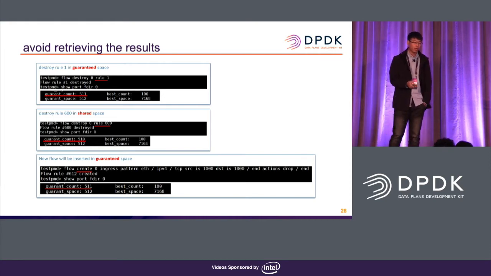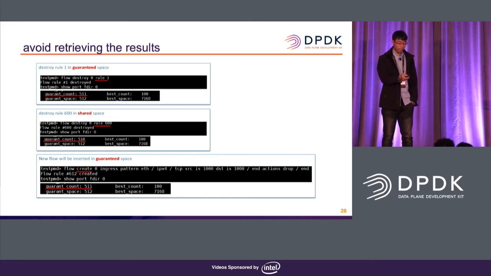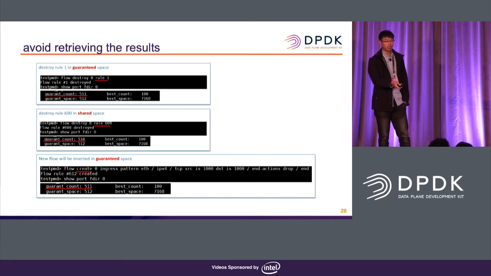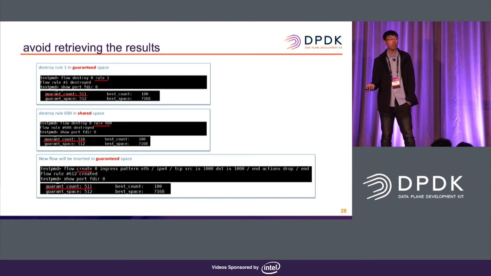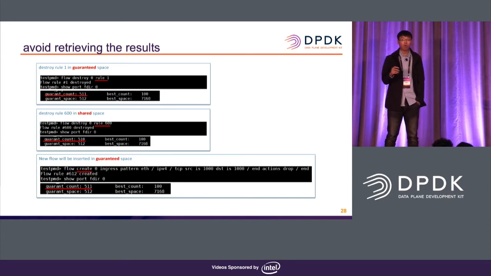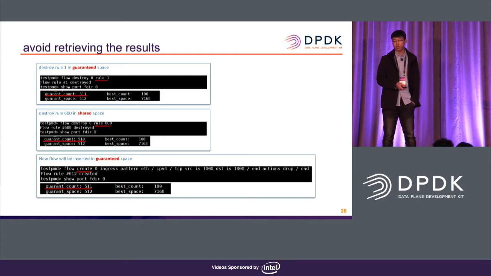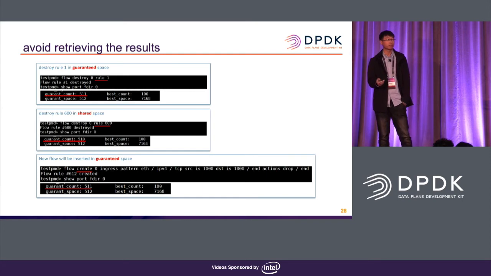And then I create a new flow. We can see that it is inserted into the guaranteed space because there is available room in the guaranteed space. So as the flow table is continually updated, more and more flows will be inserted into the guaranteed space and accelerated.